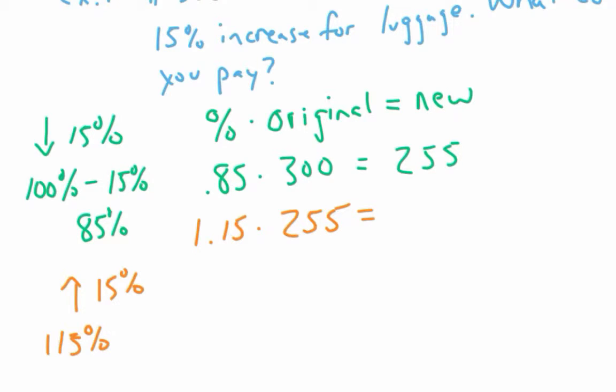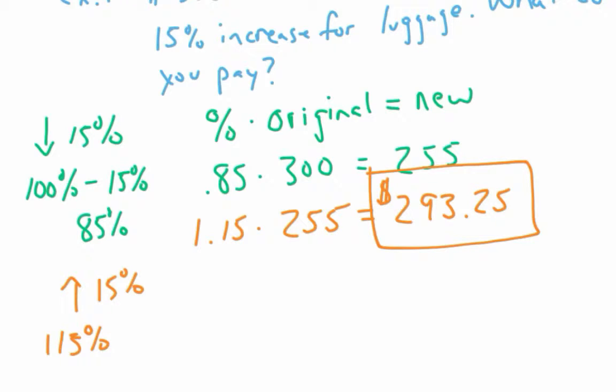That's where we're starting. And if I do 1.15 times 255, I end up with just $293.25. So 15% off and then 15% added back on doesn't get us back to the 300. It gets us to $293.25.